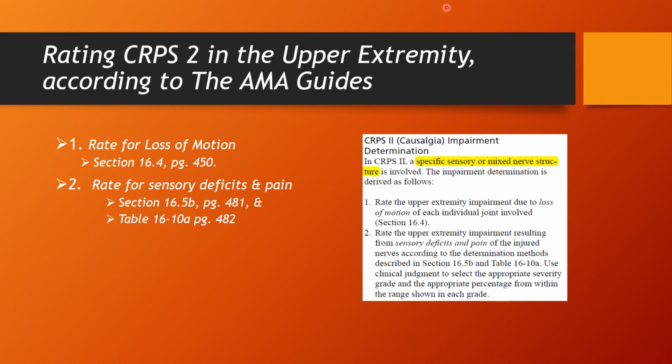We also, in step 2, we rate the upper extremity permanent impairment resulting from sensory deficits and pain according to determined methods that we discussed before. And they also tell you use clinical judgment to select the appropriate severity grade. Again, show your work. You have to tell them why you came up with a certain percentage, and if it is between 61 and 80, why you determine that.